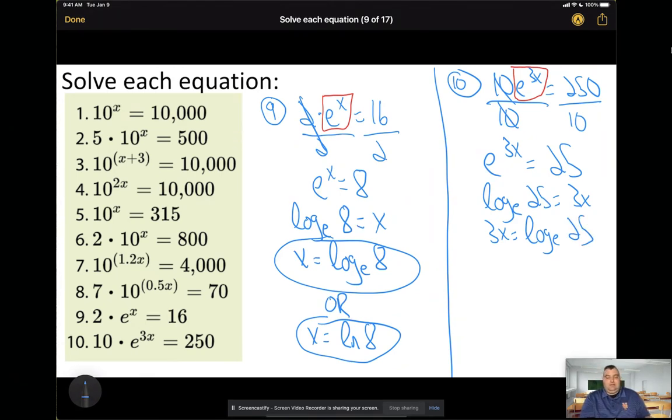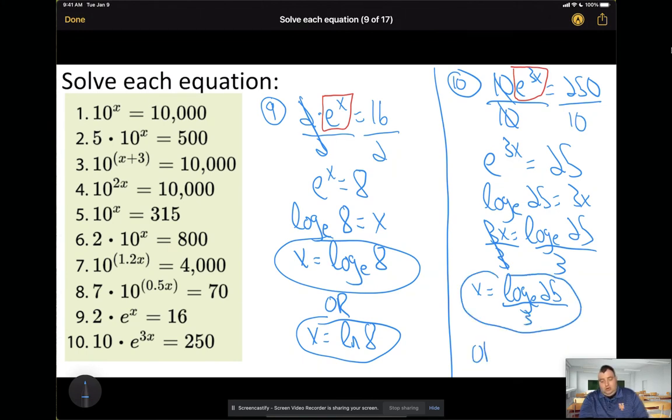Now I'm going to solve for x. So I'm going to divide both sides by 3. So I get an answer of x equals log base e of 25 divided by 3. So that's the answer. Or I could write it as x equals natural log of 25 divided by 3.